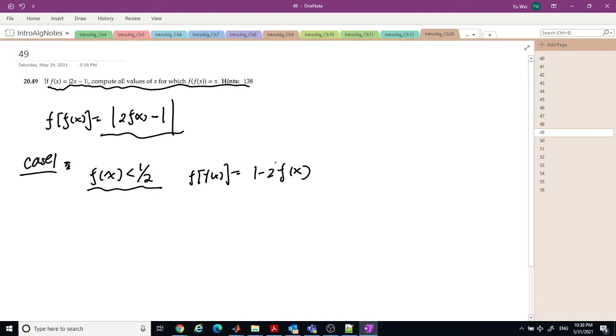Okay, and 1 minus 2f(x), and we know 2f(x) is this, right? 1 minus 2f(x) equals x, right? So 2f(x) equals x, then we can see f(x) is equal to 1 minus x over 2.